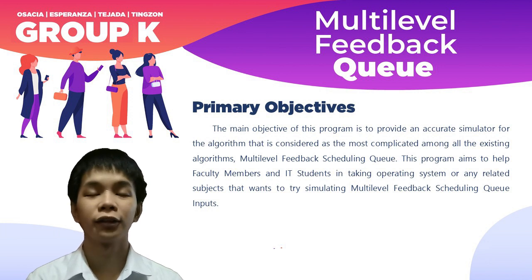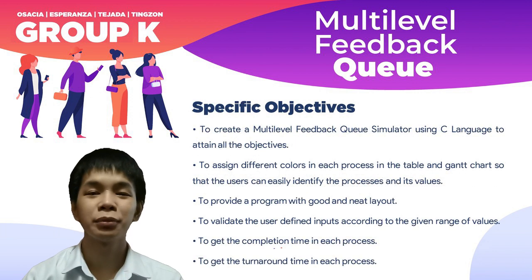This program also aims to help faculty members teaching operating systems or any related subject with their instructional material, and to help IT students taking operating systems or any related subject who want to try simulating multi-level feedback scheduling queue inputs. Now let's move on to the specific objectives of this program.